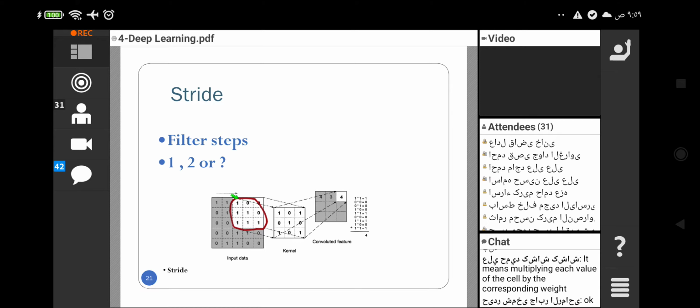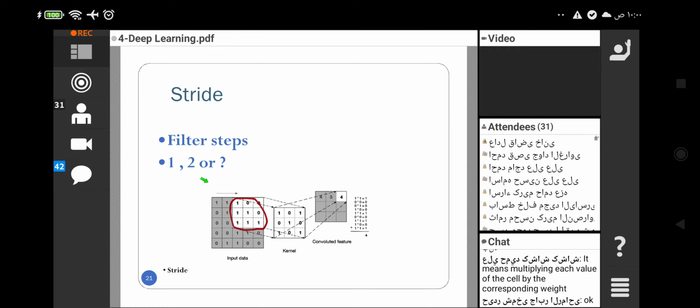In this style, the step is 1. When the step is 1, it means that we are moving one by one. But if the step is 2, what does this mean?